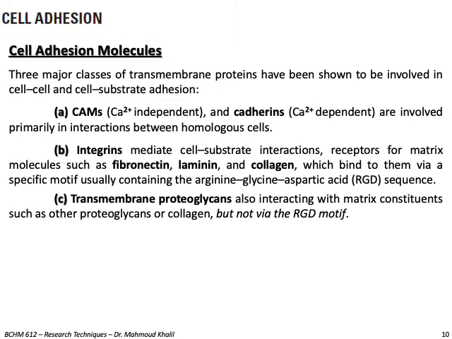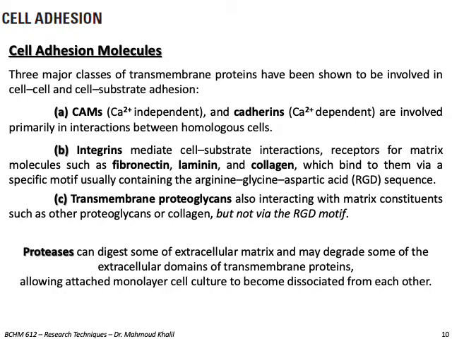The third class of adhesion molecules is transmembrane proteoglycans, also interacting with matrix constituents such as other proteoglycans or collagen, but not via the RGD motif. The proteases can digest some of the extracellular matrix and may degrade some of the extracellular domains of transmembrane proteins, allowing attached monolayer cell cultures to become dissociated from each other.